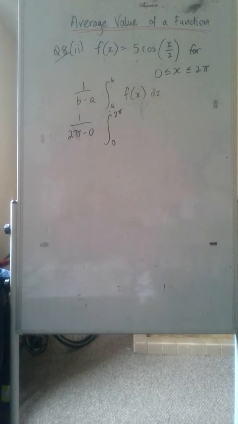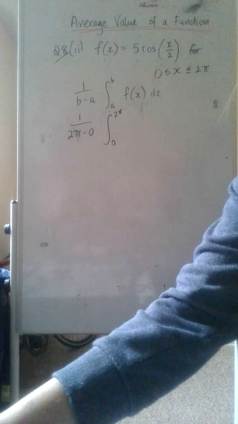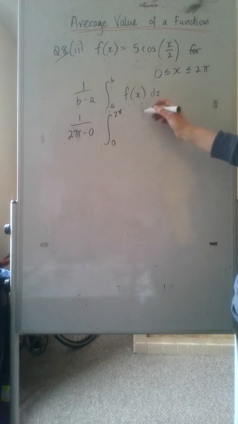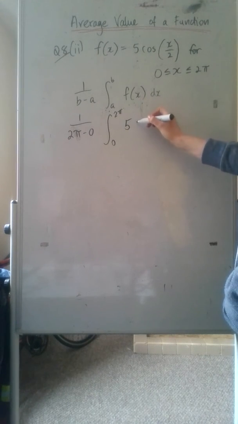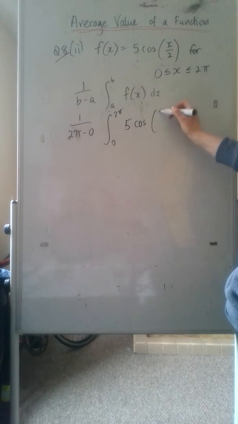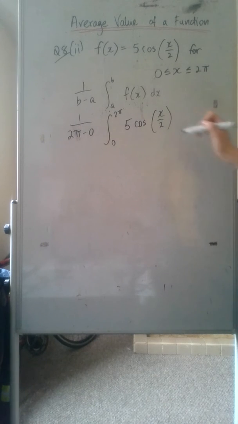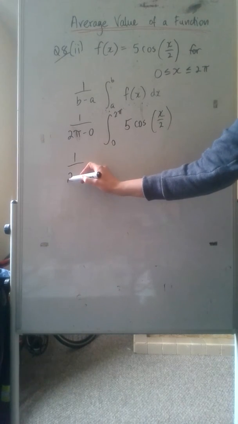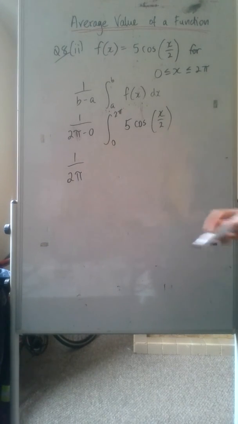Remember here, the way they're talking about pi is we're going to be dealing a lot with radians. The function is 5 cos x over 2. Now this will just become 1 over 2 pi, because it's 2 pi minus 0. And now I'm going to integrate this.